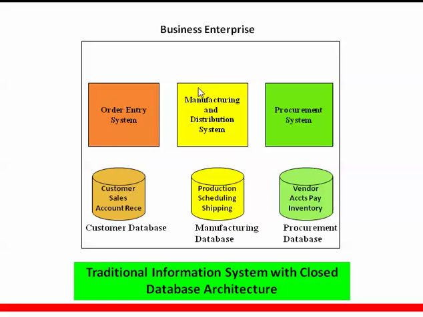The order entry system will record customer information, sales information, accounts, etc. The manufacturing and distribution system will record all the production, scheduling, shipping information, etc. The procurement system will record all vendor, accounts payable, inventory information, etc. Here we can say that independent databases are there to record this information.